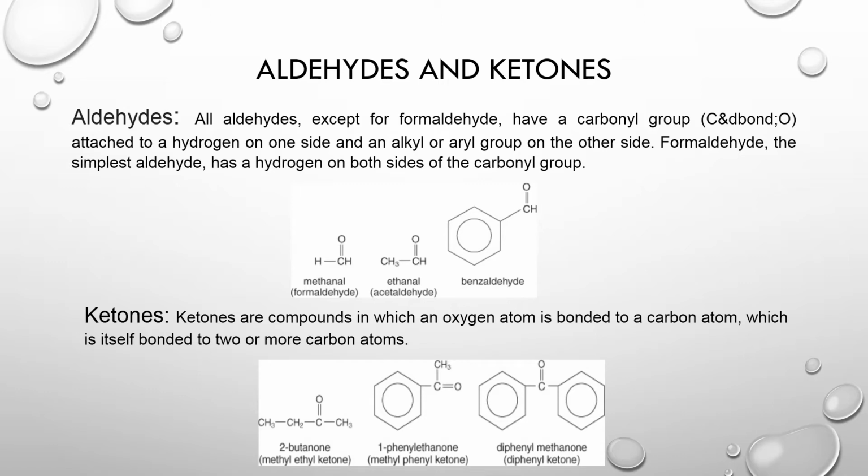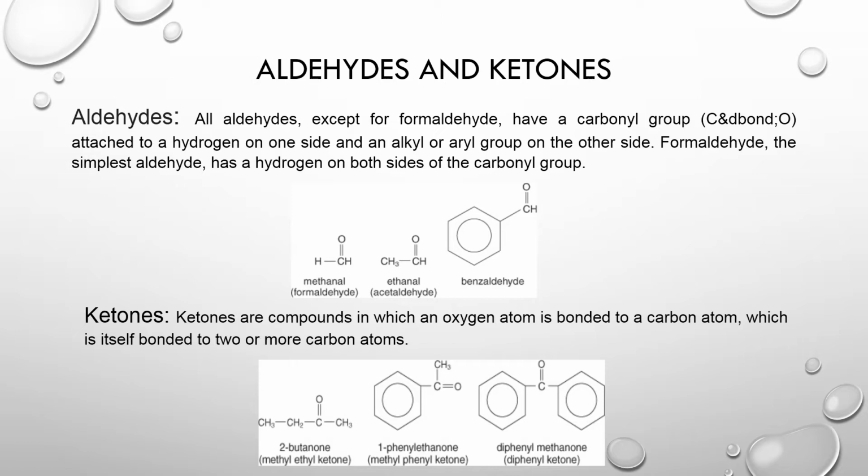When we compare formaldehyde with the others, formaldehyde is the simplest aldehyde. It has a hydrogen on both sides of the carbonyl group, the C double bond O group. Acetaldehyde has this carbonyl functional group attached with one hydrogen and one CH3 group.